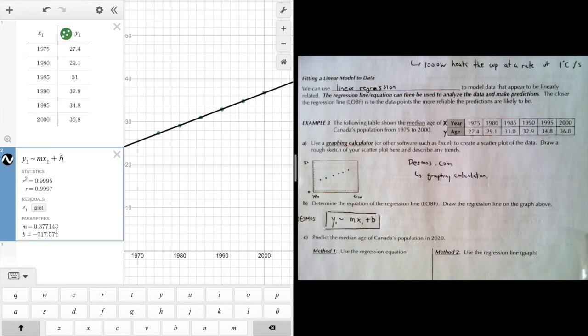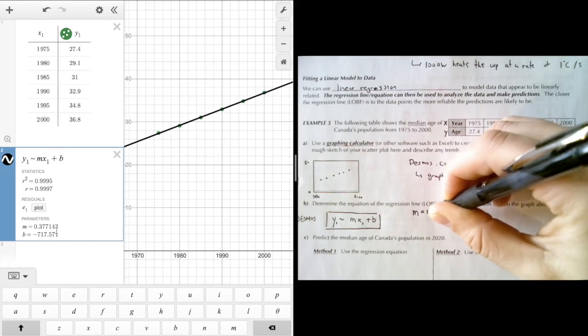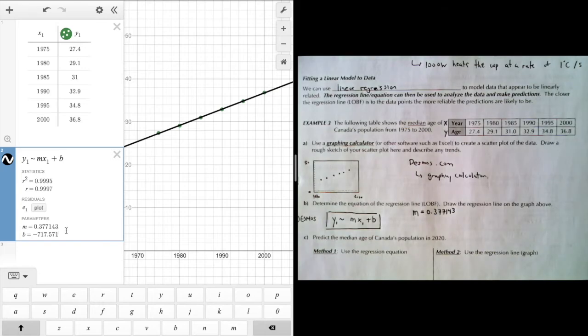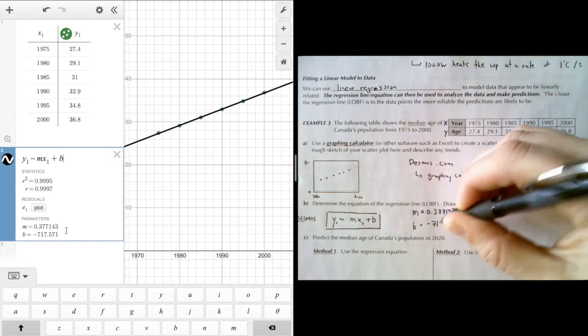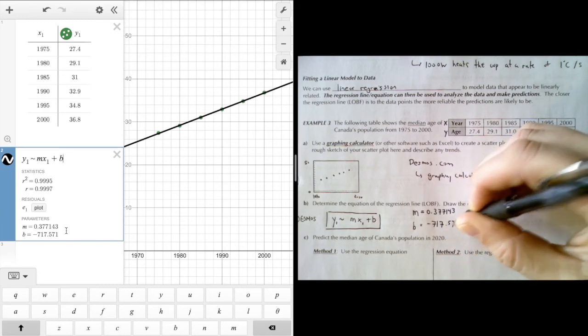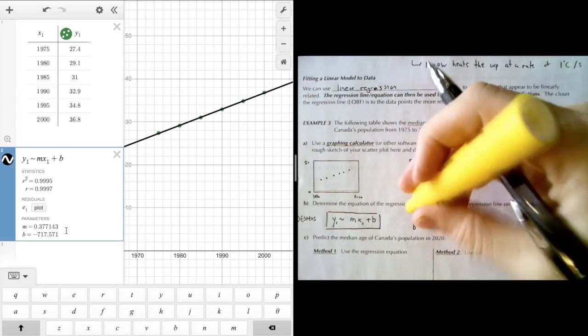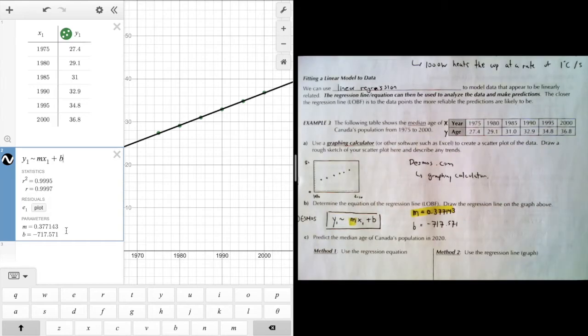So back to our handout, since M was calculated as 0.377143 and B was negative 717.571, we can write an equation using those two values because M is our slope and B is our y-intercept.